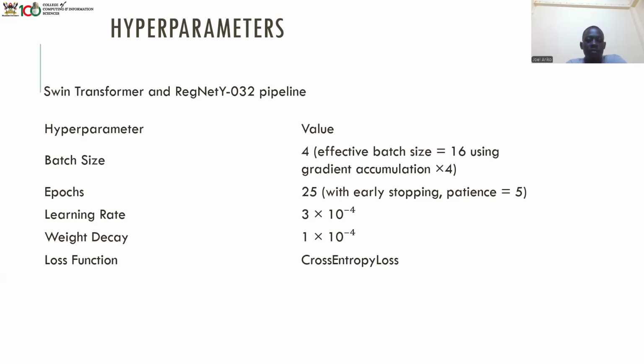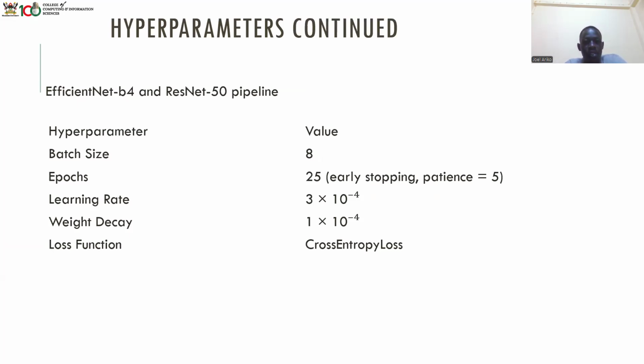The epochs were 25, but with early stopping in case the model converges faster. The patience was 5. Then the learning rate is as seen below. For the interest of time, those are the hyperparameters for the other models, the EfficientNet-B4 and the ResNet-50 pipeline.